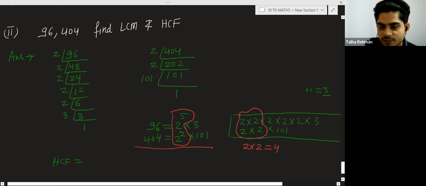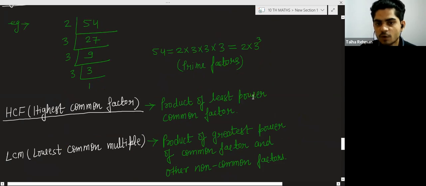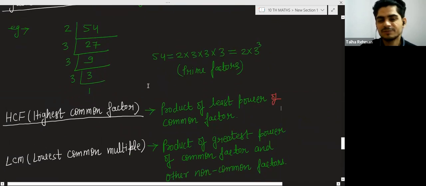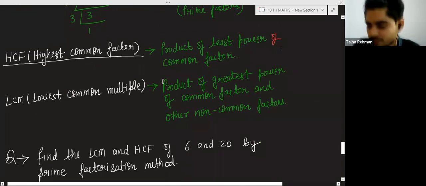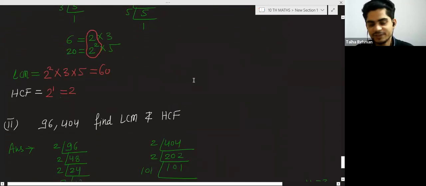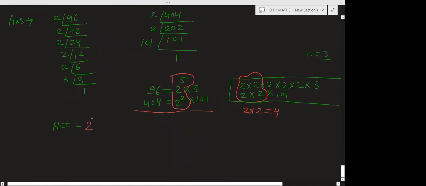By definition, you take the product of the least power of the common factors. But I will advise you, don't go on the definitions. Do it directly. What is common here? 2 to the power 2, which means 4.